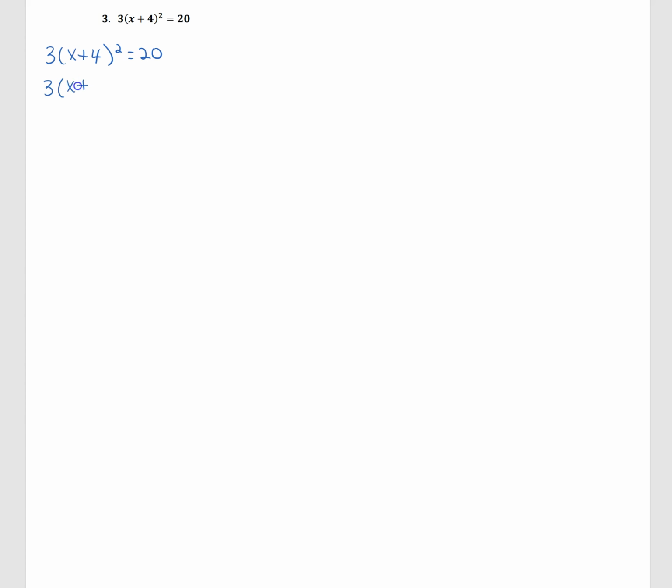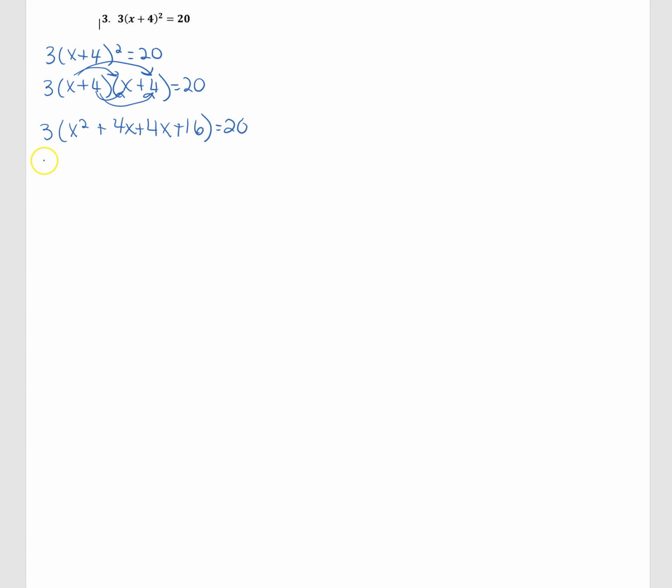And I'm going to expand (x plus 4) squared, and then multiplying this in, get 3 times (x squared plus 4x plus 4x plus 16) equals 20.